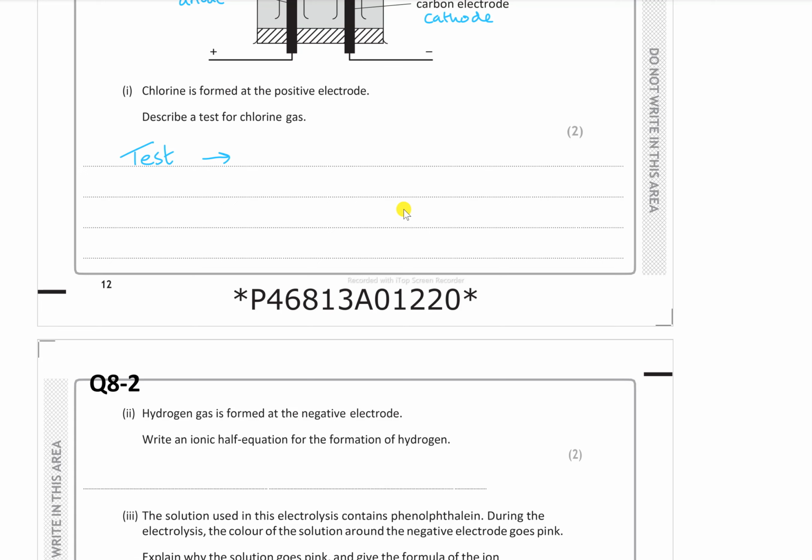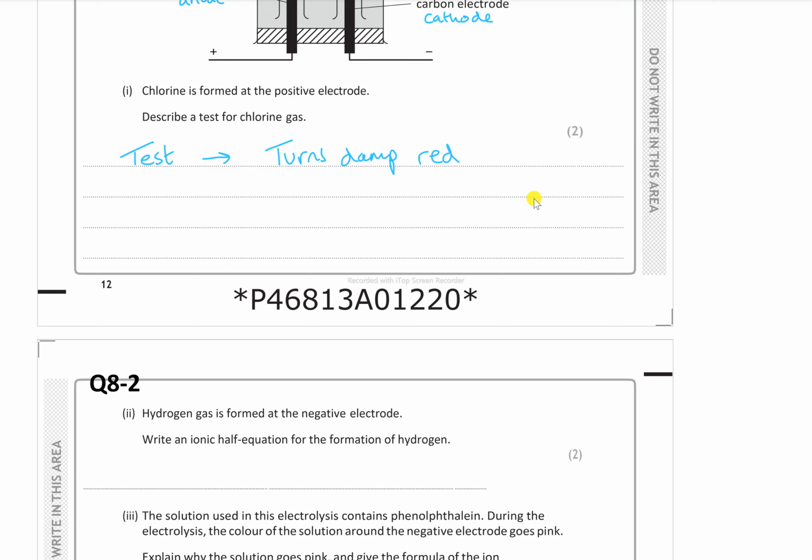Test. What is the test for chlorine? That's a good question. It turns damp litmus paper white, or bleaches it. It doesn't matter whether it's red or blue, it bleaches.